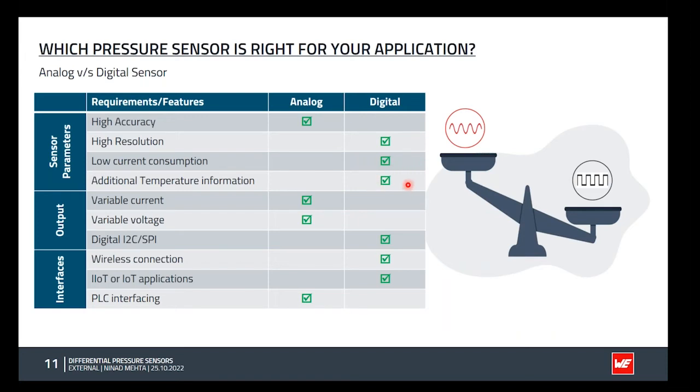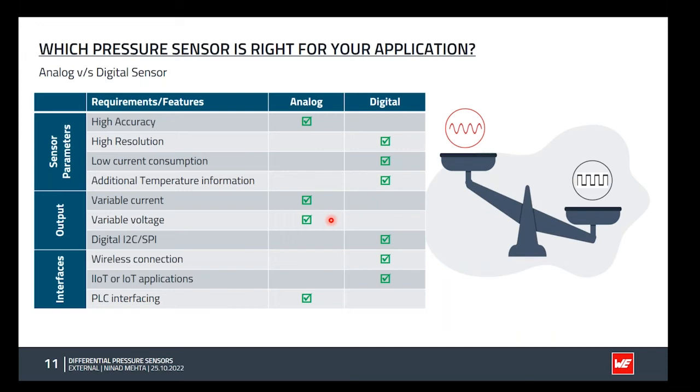Also, digital sensors usually have temperature sensors on chip, so you can also get some temperature data. So at the end, you might get one less material on your BOM list and use the temperature information from the digital sensor itself. But on the other hand, if some application requires a variable current output or variable voltage output, then purely analog sensors need to be used.